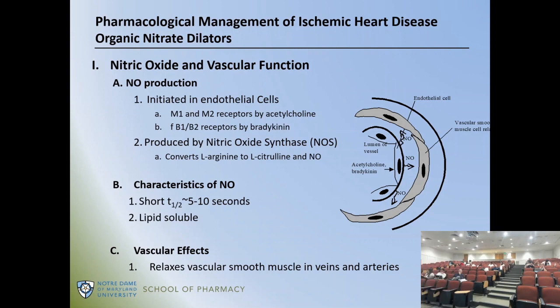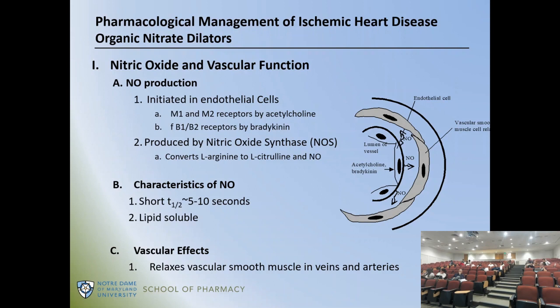So what this picture is showing is that when M1, M2, B1, or B2 receptors get activated in these endothelial cells, that can stimulate nitric oxide synthase to manufacture nitric oxide from the substrate L-arginine. And when that nitric oxide is made, it diffuses very quickly out of the endothelial cells and into the adjacent, meaning next to, smooth muscle cells.